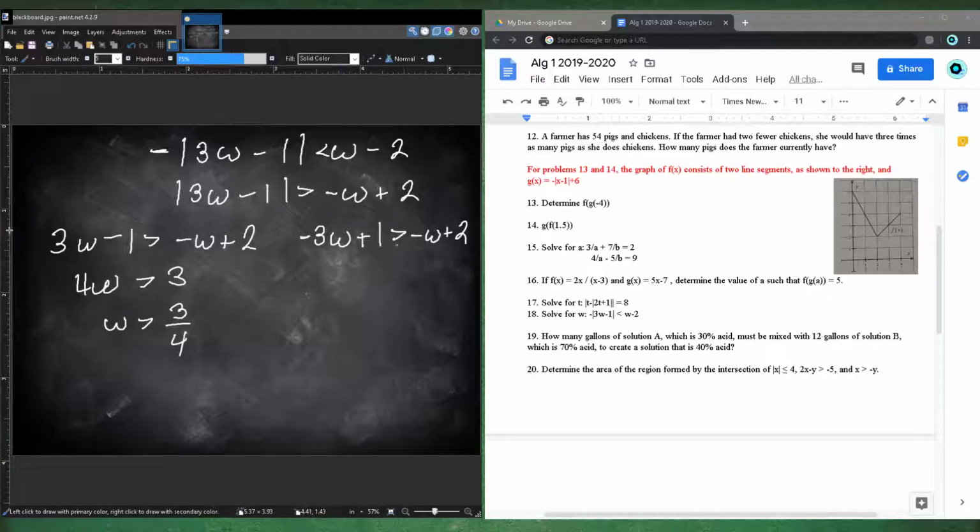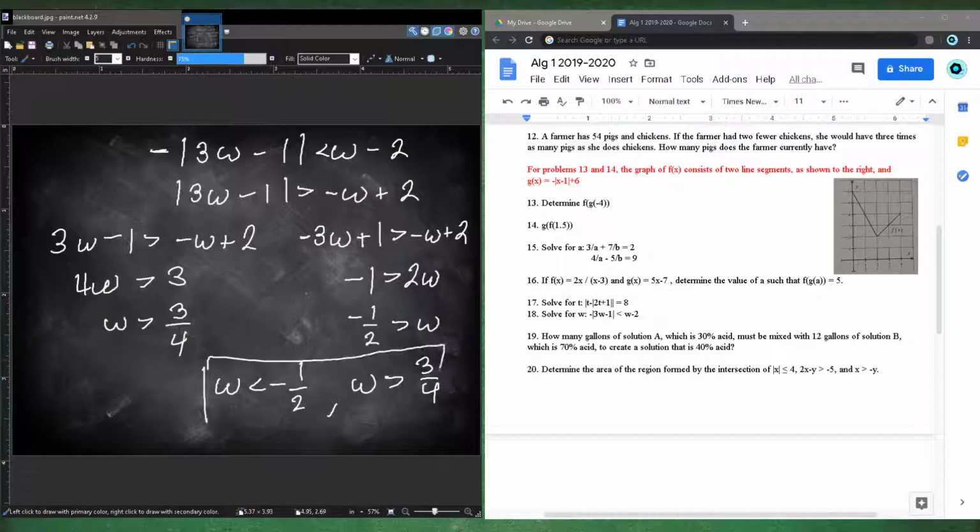And then add the negative 3w this way, so that's going to make 2w, and then it's less than 1 minus 2 is negative 1. So divide by 2 is negative 1 half, right? So W has to be less than negative 1 half, and W has to be greater than 3/4.